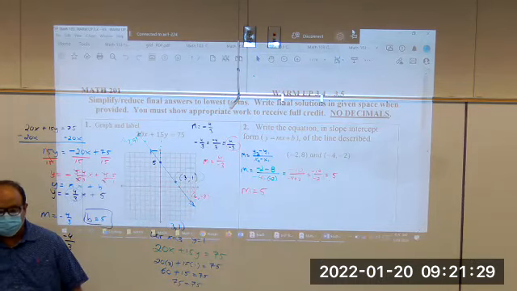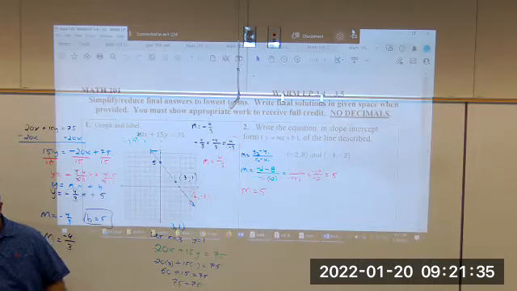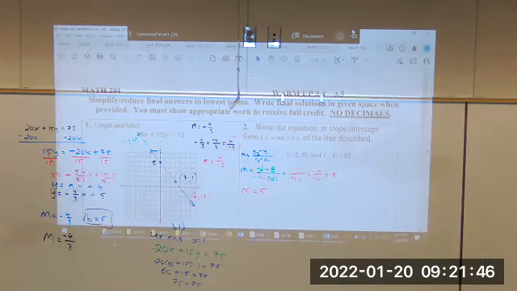Now, find the slope. Step 2. Is it a special case? And we're going to go back to where we left off. Special case means horizontal or vertical, which means if it's horizontal, slope is equal to 0. You can't spell horizontal without an O in horizontal. Slope is 0.